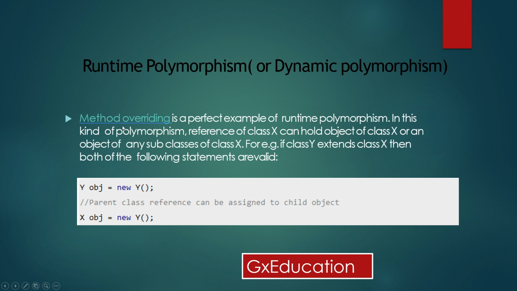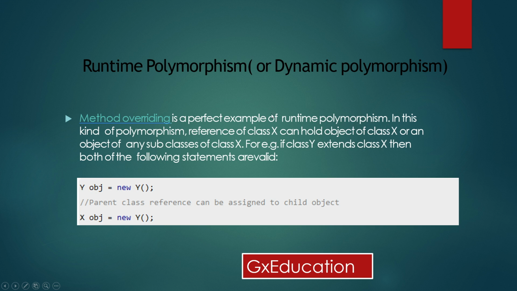So what is runtime polymorphism, or dynamic polymorphism? It is method overriding. It is a very important concept and a perfect example of runtime polymorphism.